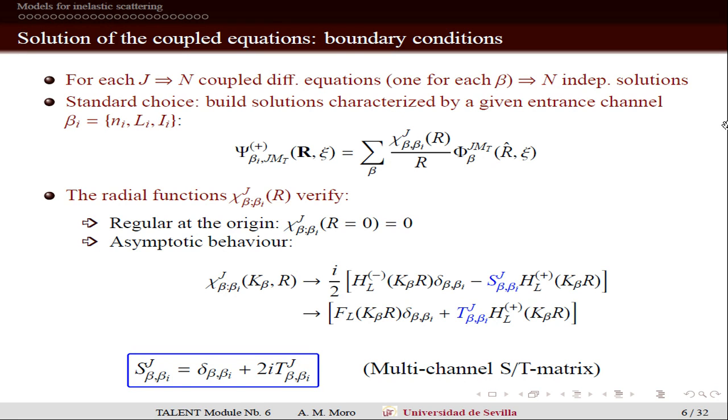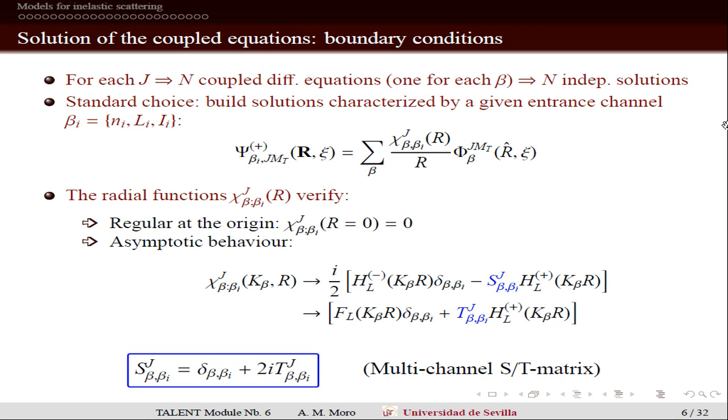So these chi functions asymptotically contain an incoming wave in a particular beta, that is the delta beta beta I. So this contribution appears only for the beta that we have chosen as the incoming channel. And all channels contain, in general, a final outgoing wave, H plus, multiplied by some number.